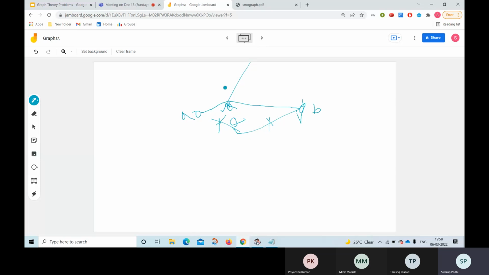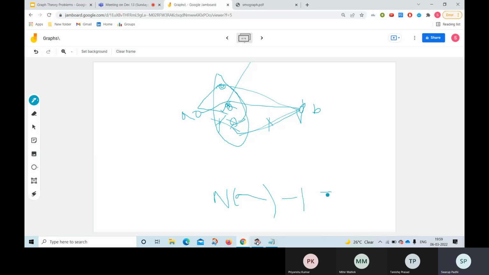Now we take any other vertex in the neighborhood of A, along with A and B, and we still prove that this vertex is connected to all other vertices. So every other vertex in the neighborhood of A except this vertex is connected to the other vertices. So basically N(A) minus 1 vertices are complete.